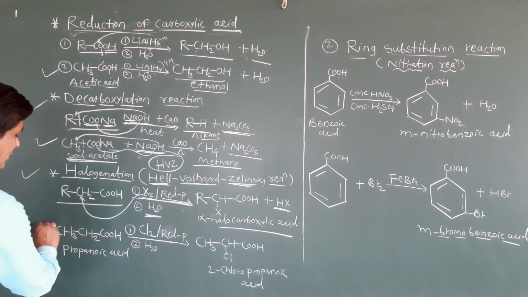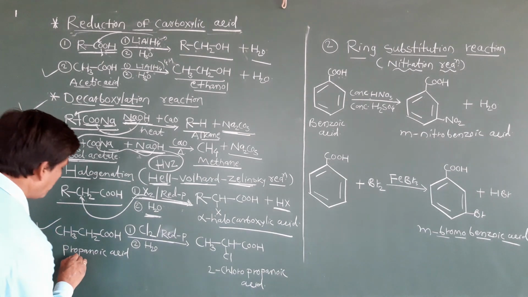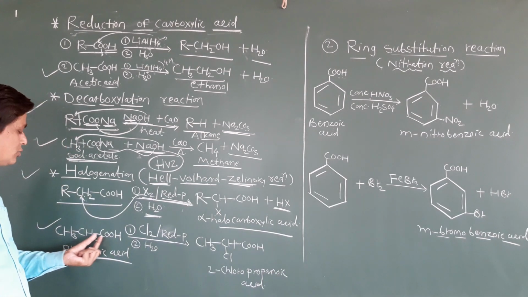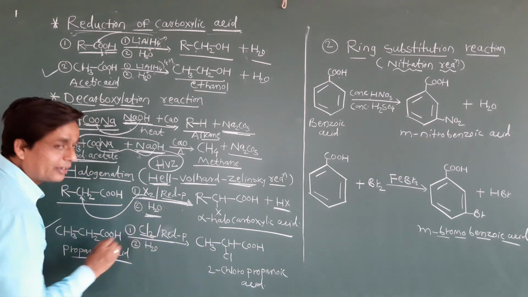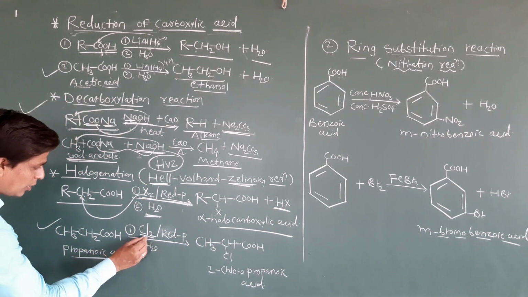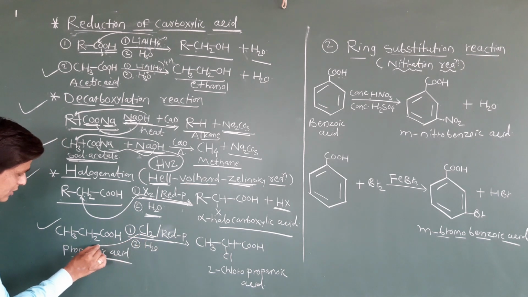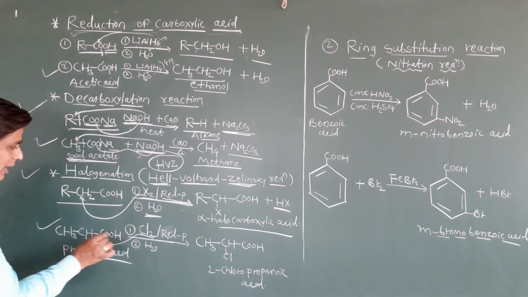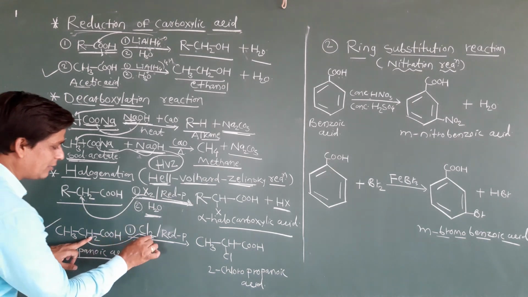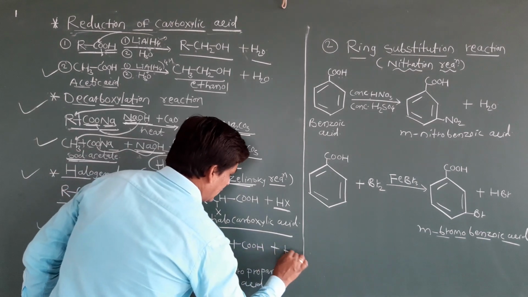Okay, see another example. Here I have taken propanoic acid, CH3CH2COOH. So it undergoes halogenation. Same, here I have taken the example of Cl2. Out of this Cl2, one halogen, Cl, will attach to this carbon, and from this CH2 one hydrogen is removed and this Cl is attached, and this removed hydrogen and one more Cl, HCl, is removed.